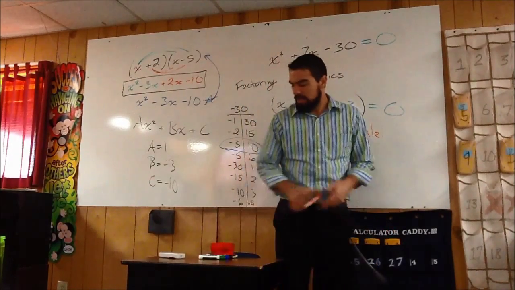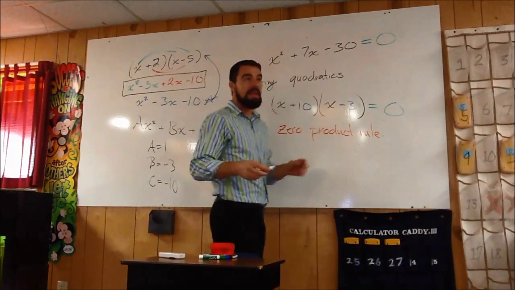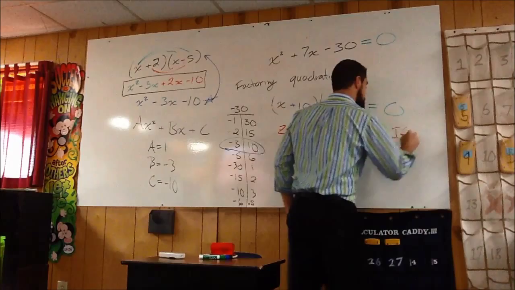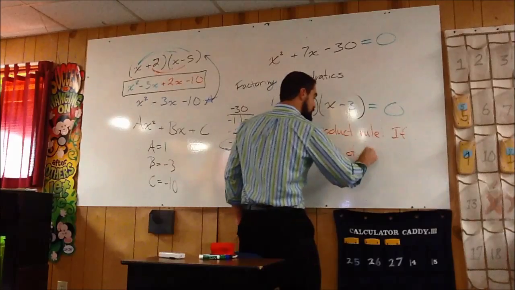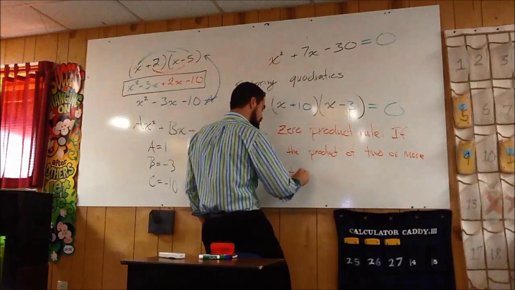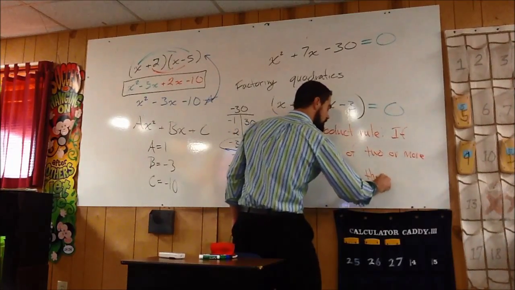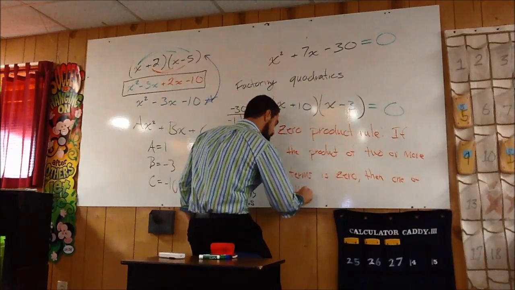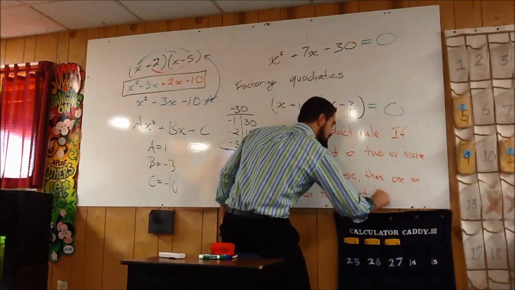I'm going to try to put it as brief as possible. If the product of two or more terms is 0, then one of those terms must be 0.